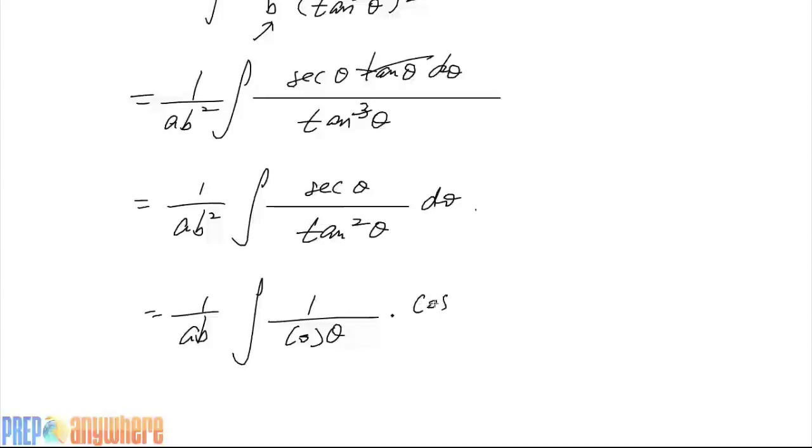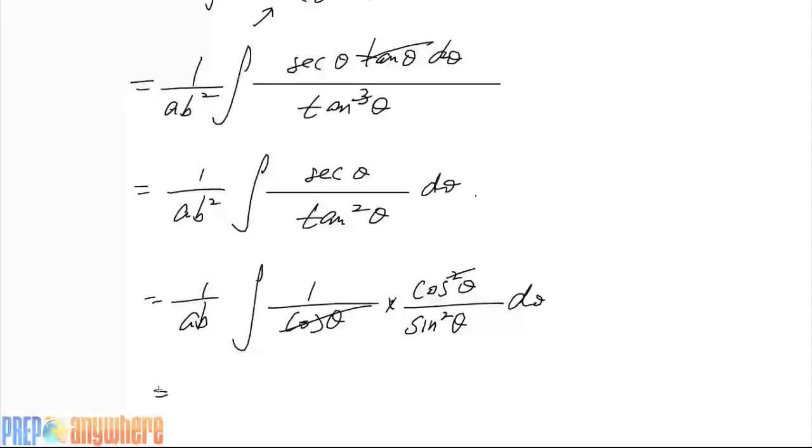It's divided by tangent, so as a multiplication, it's going to be cosine squared theta over sine squared theta. So we can reduce that. I forgot a square there. So we have cosine of theta over sine squared theta d theta.